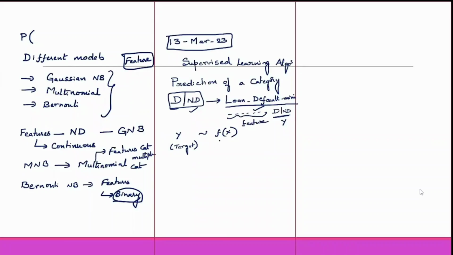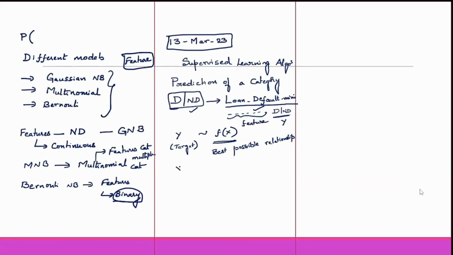So I want to fit the best possible relationship between x and y. Okay. So how do I build that best possible relationship between x and y?